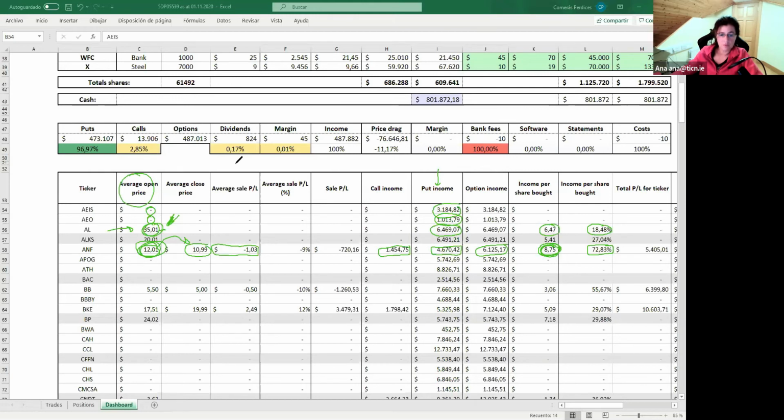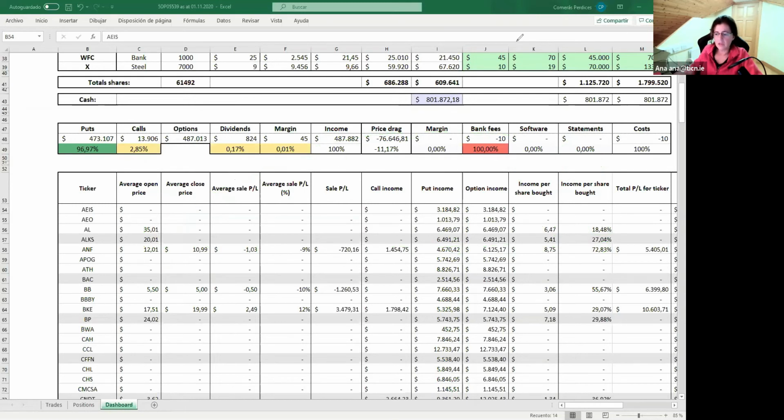So to summarize it, we bought at 12, we sold it at 11, but in income we got 8.75. Right, so even though here we're -1, we still got here 8.75. Therefore, in total, we could be plus 7.75 on an investment of 12, which is 72.8%.